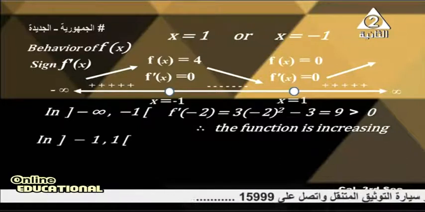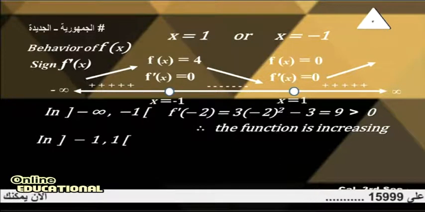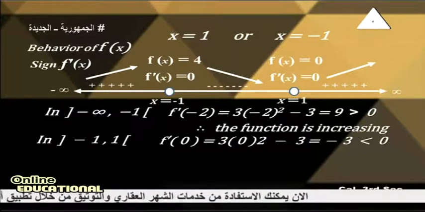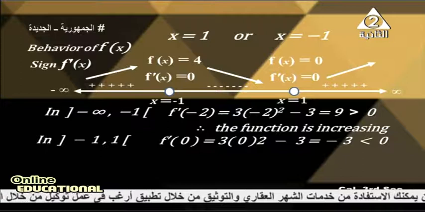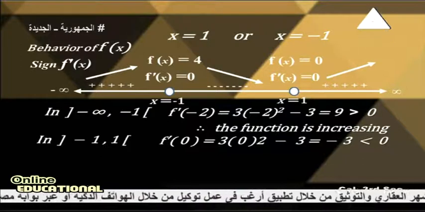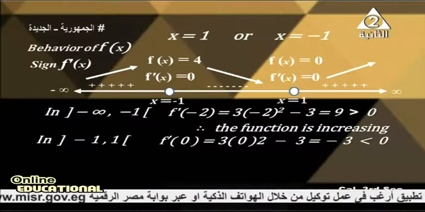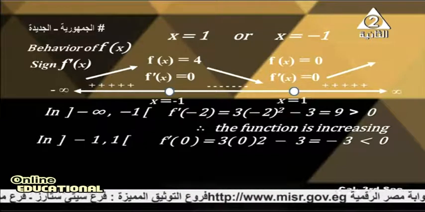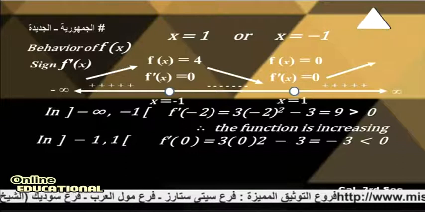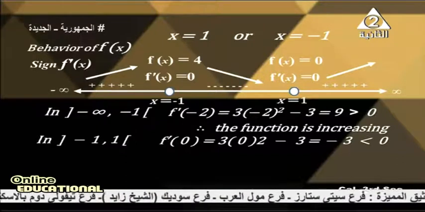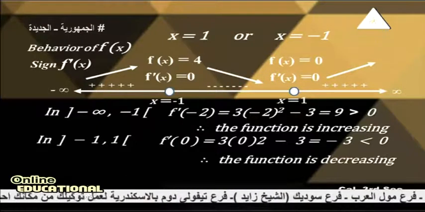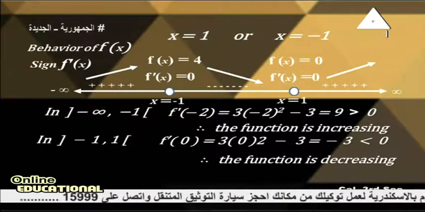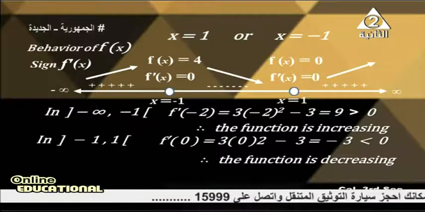In the open interval negative 1 and positive 1, we can choose x equals 0. Then the first derivative f dash at x equals 0 equals 3 multiply 0 to the power 2 minus 3, which equals negative 3. Negative 3 is a negative value, then the function is decreasing on the open interval negative 1 and positive 1.